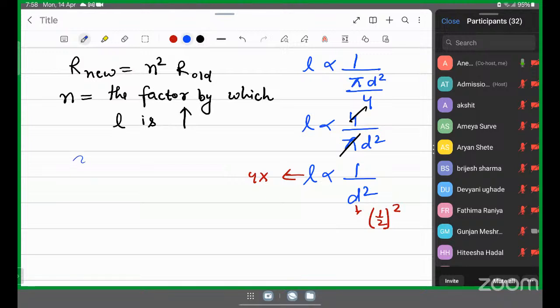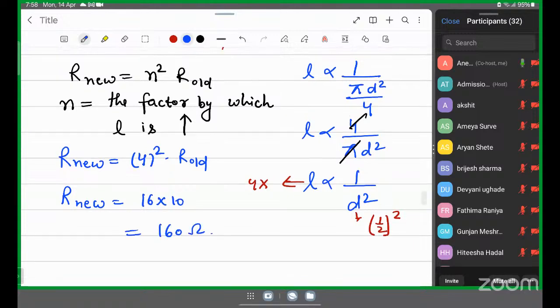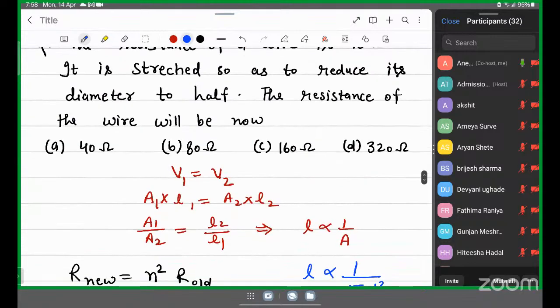So R new equals, length is 4 times increased, so this will be 4 square into R old. And R new will be 16 into 10, that is 160. It will be the correct answer. So we will select option C.